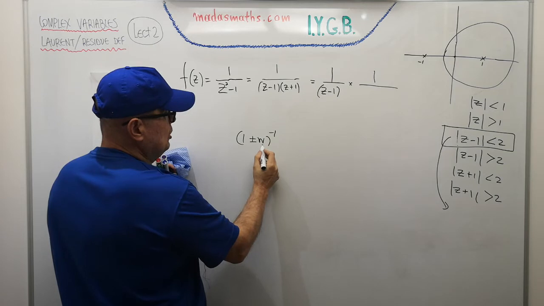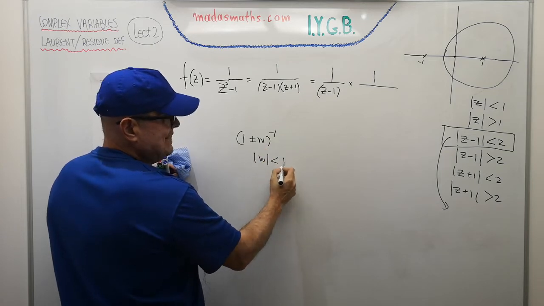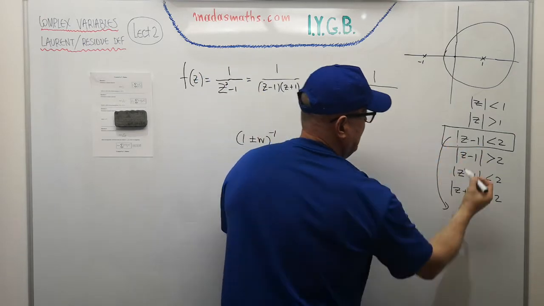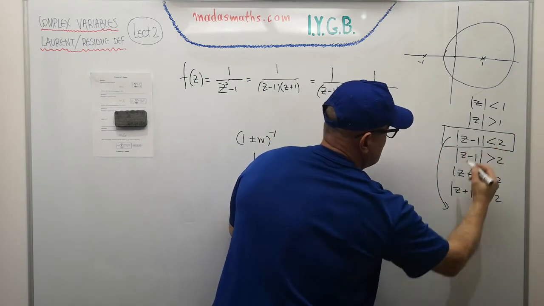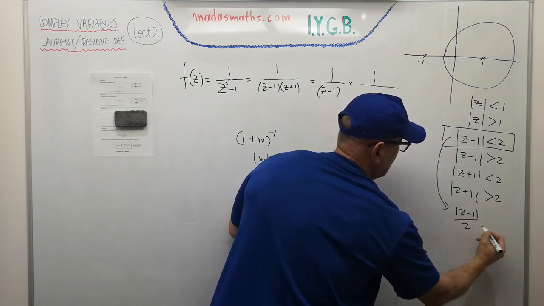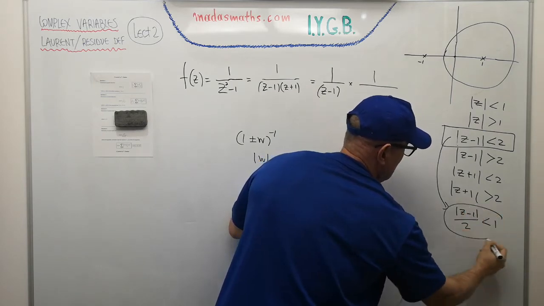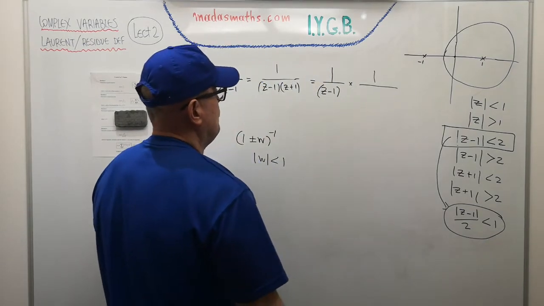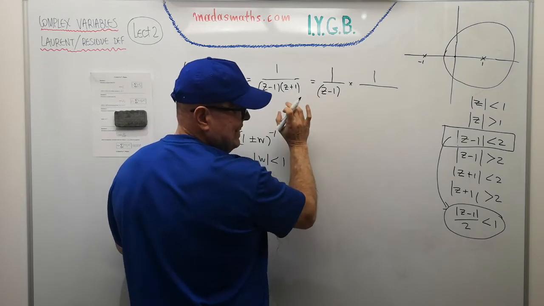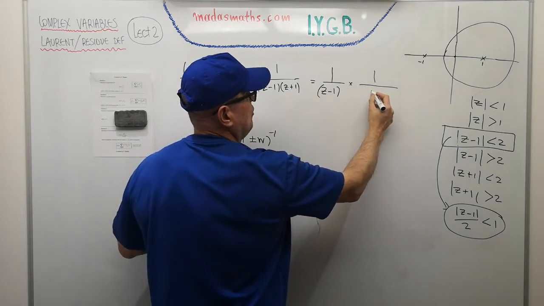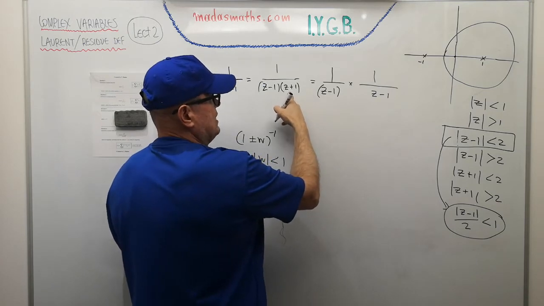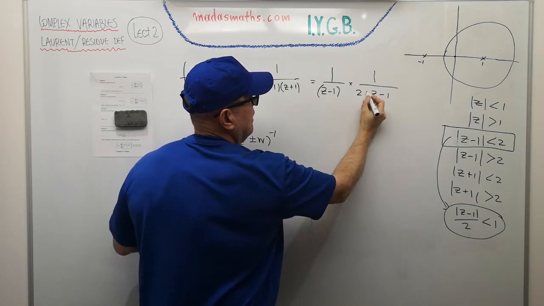So the mod of w must be less than 1. And I'm looking at this line here, and I would like to make the modulus of z minus 1, if I divide it by 2, to be less than 1. So I'm trying to create this thing here. So before I create that, with my z plus 1, I need to create the z minus 1. So I'm going to say z minus 1, and I have to balance it to be plus 1. So I need 2 there.